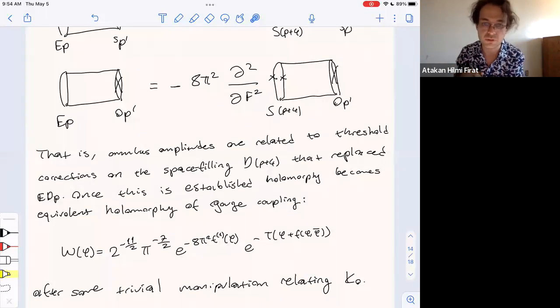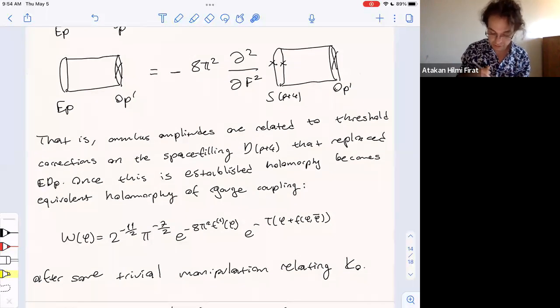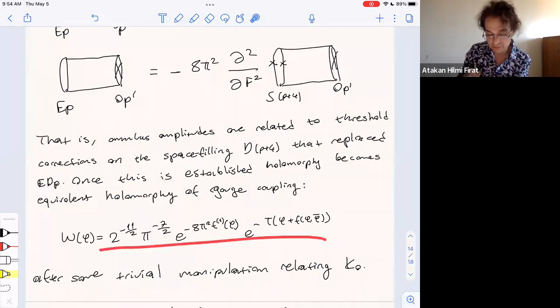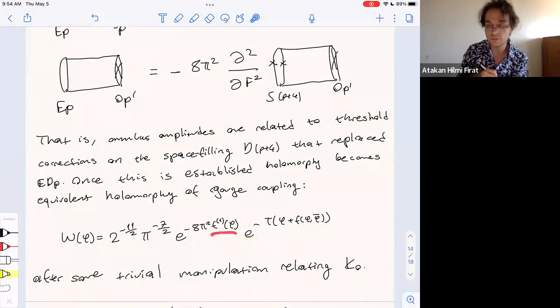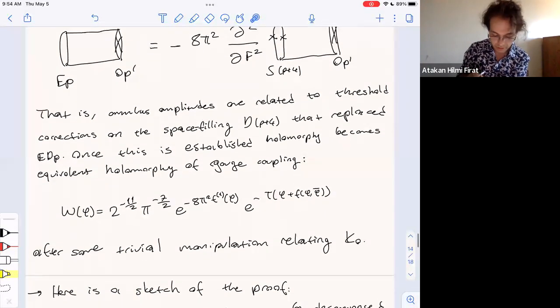The details are not really that important, but basically you relate this K0 expression, manipulating it a certain way to write the whole expression like this. As you can see, this expression becomes manifestly holomorphic, because this was holomorphic and this was holomorphic. And so this is indeed a holomorphic function of the moduli.